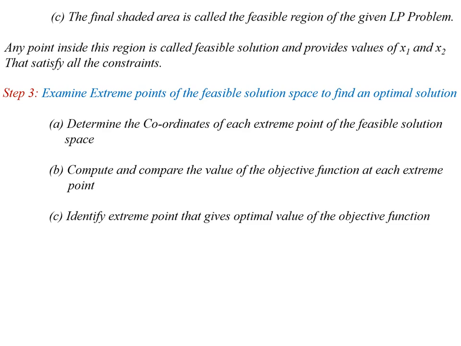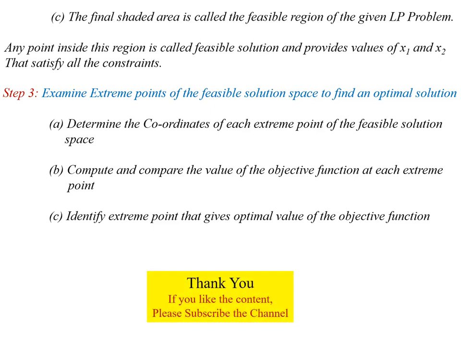Next, we substitute these coordinates in the objective function and compare the values of the objective function at each corner point, and finally identify the extreme point which gives the optimal solution of the objective function. So this is the procedure of the extreme corner method.